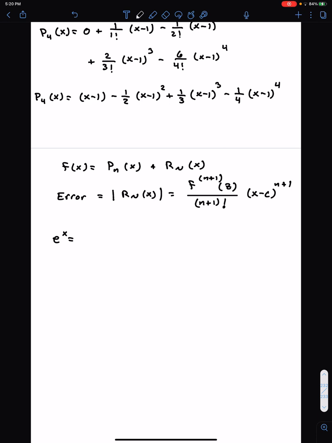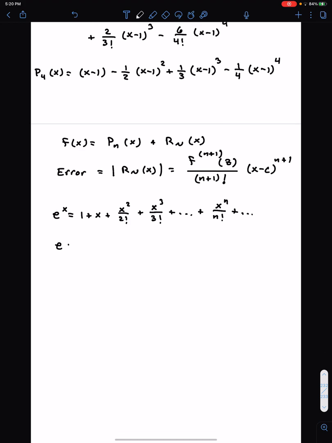So e to the x is 1 plus x plus x squared over 2 factorial plus x cubed over 3 factorial, and so on, x to the n over n factorial.